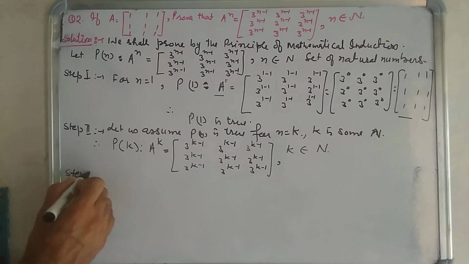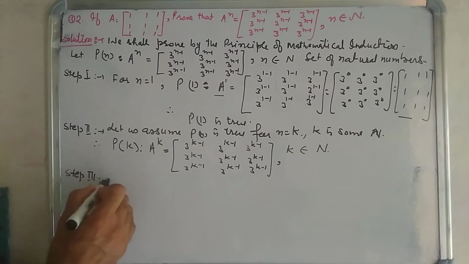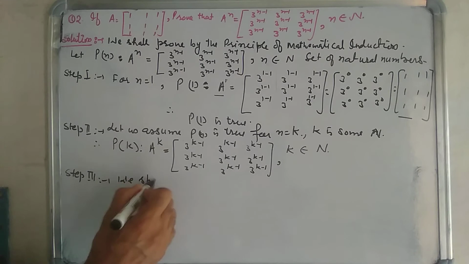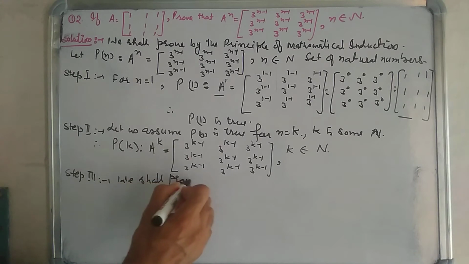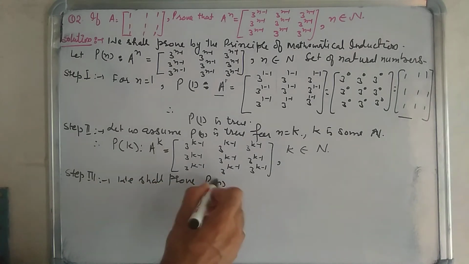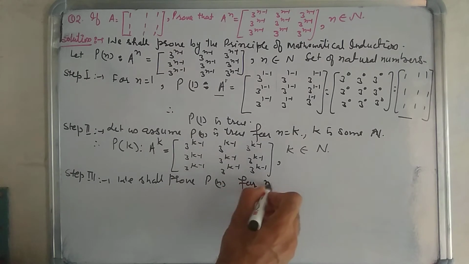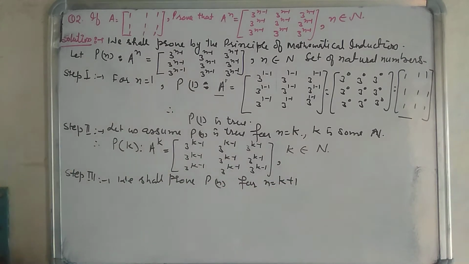Now in step number 3, we shall prove Pn for n is equal to k plus 1, the natural number one more.